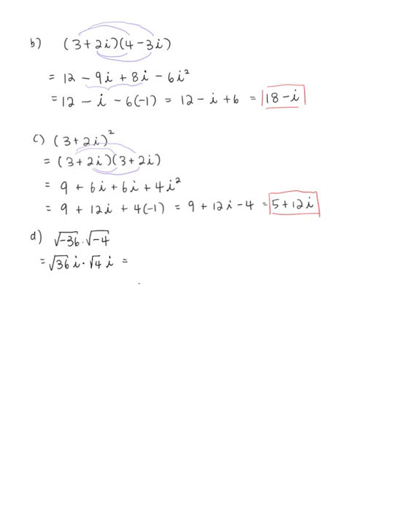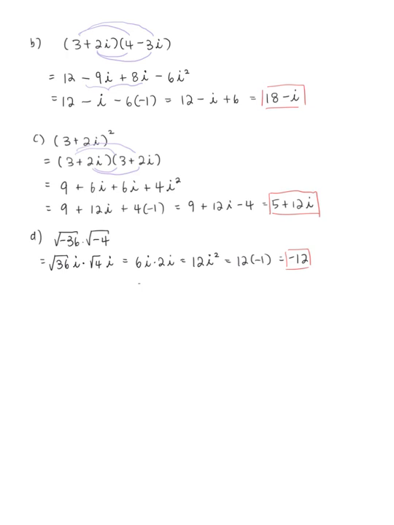So here, square root of 36 is 6, so we got 6i. Multiplying here by square root of 4, which is 2, and then we're going to have i here. So then here you're going to have 12i squared. Now again, we're going to be using the definition of i squared being negative 1. So here we're going to have 12 times negative 1, so our answer is going to be negative 12.